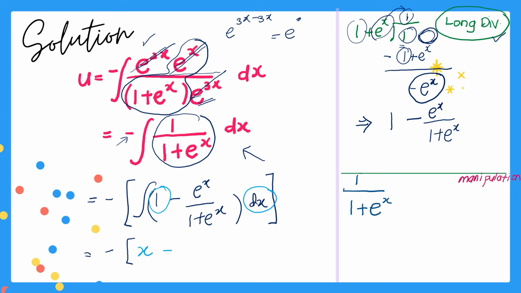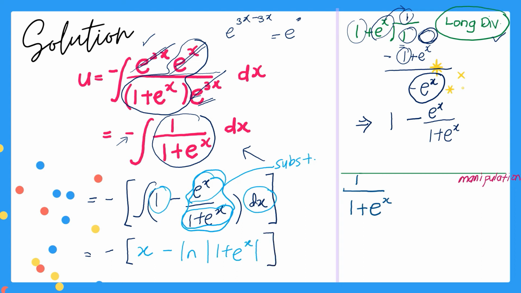So I have minus the integral of e^x over 1 plus e^x. We can apply the substitution technique. Let u equal 1 plus e^x, and this is obviously our du. So we can conclude we have natural log of 1 plus e^x. So this is our u. By long division, you will get this solution.